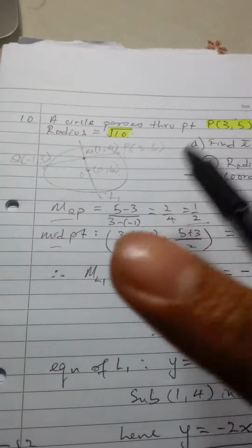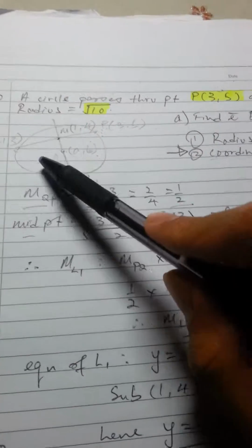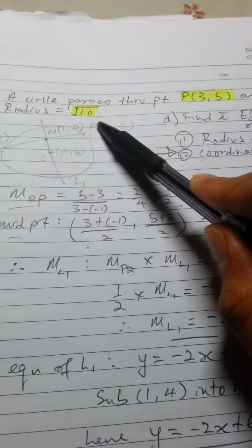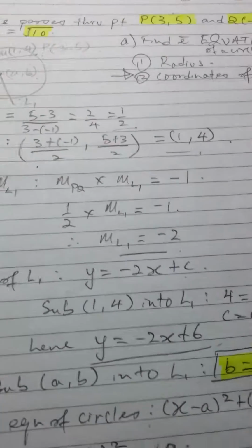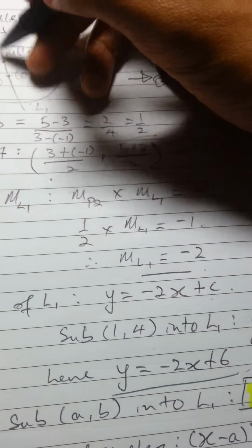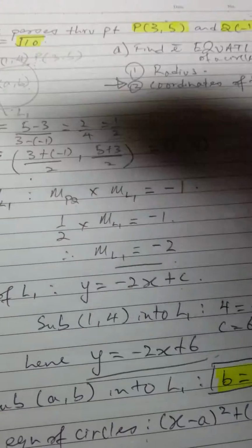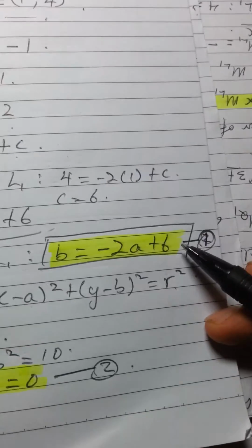You were given 2 points that the circle passes through. So what you can do is find a line, Q and P. All right, from Q and P, using coordinate geometry, you should be able to find the line of the perpendicular bisector. Once you find the line of the perpendicular bisector, park it aside, okay?